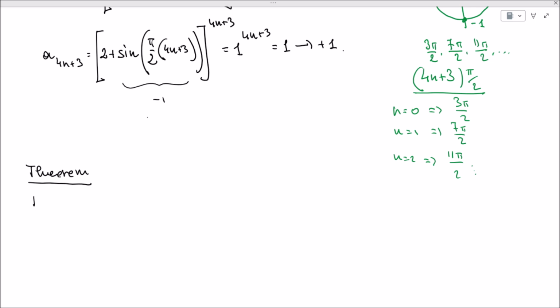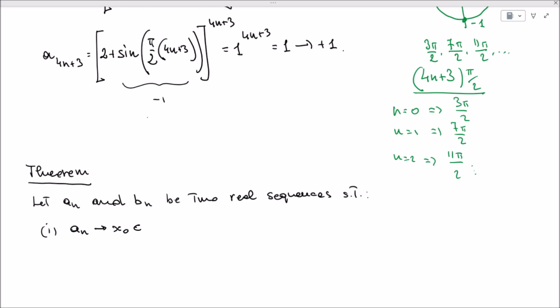So let an and bn be two real sequences such that, first condition, an tends to x0 in the extended real line.